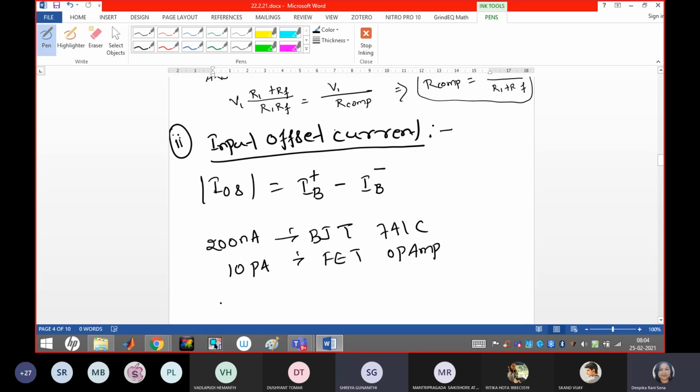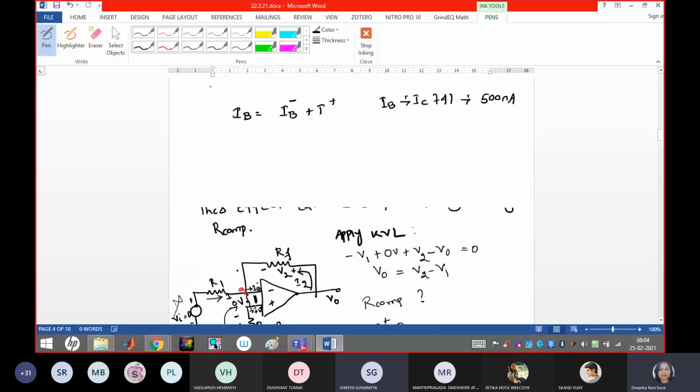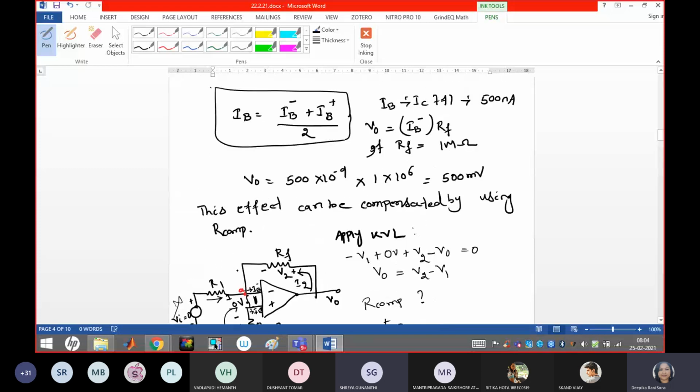Actually, even with the previous one, we studied that bias compensating method. The offset current will produce the output voltage when the input voltage is 0. From the previous figure, we may analyze the input offset current, how much effect it can produce even if the input voltage is 0.